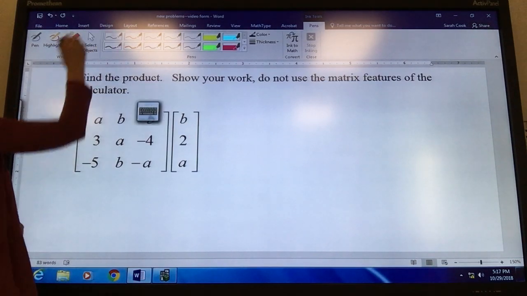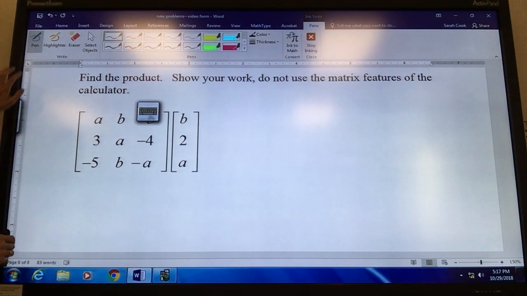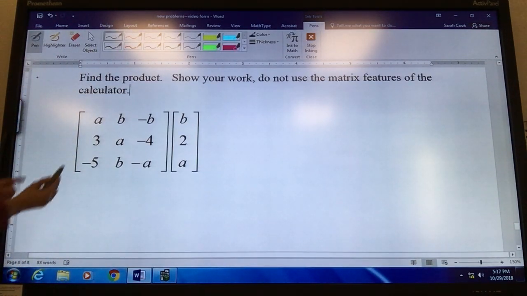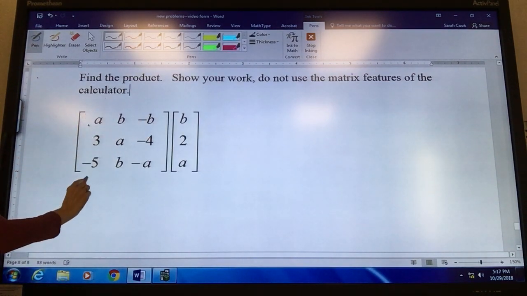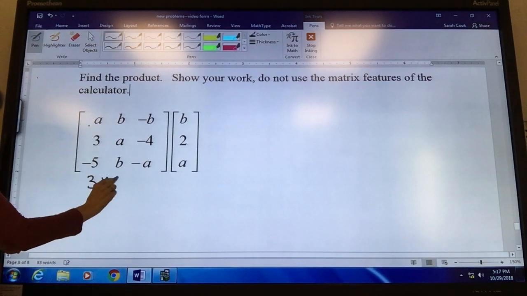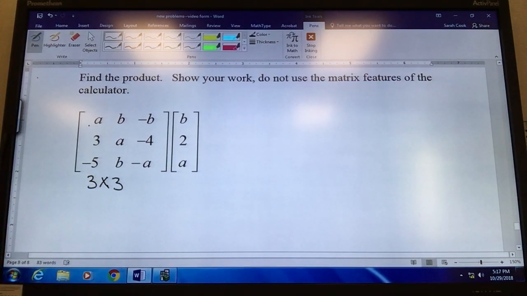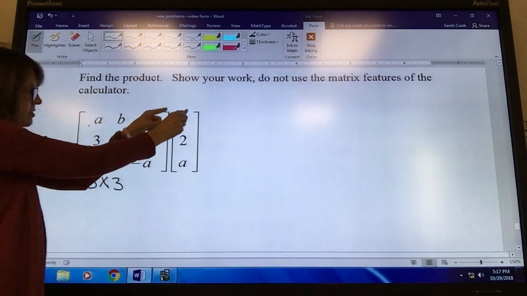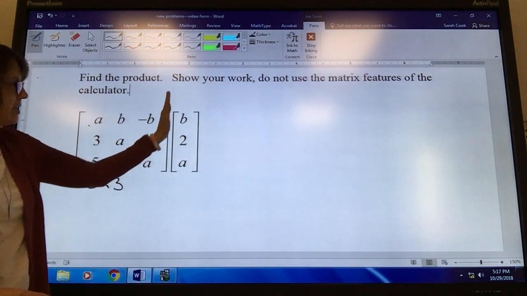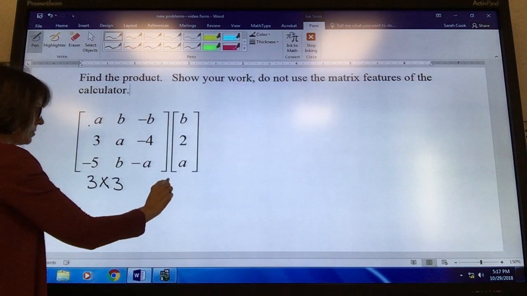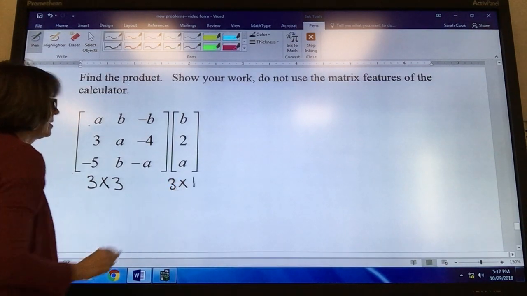If we think about the dimensions that we have for these matrices, this first one has 3 rows and 3 columns. So this first one is a 3 by 3. The second one, so here's the matrix right here, has 3 rows and only 1 column. So this one is a 3 by 1.